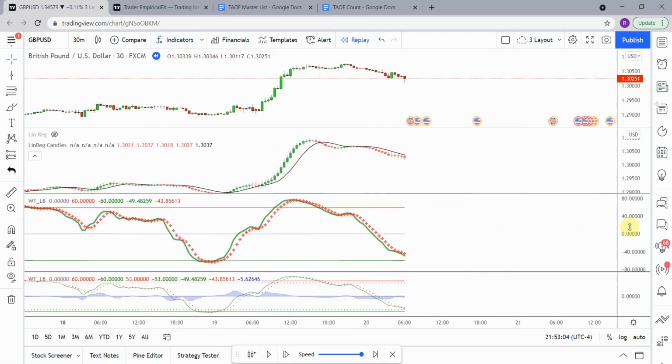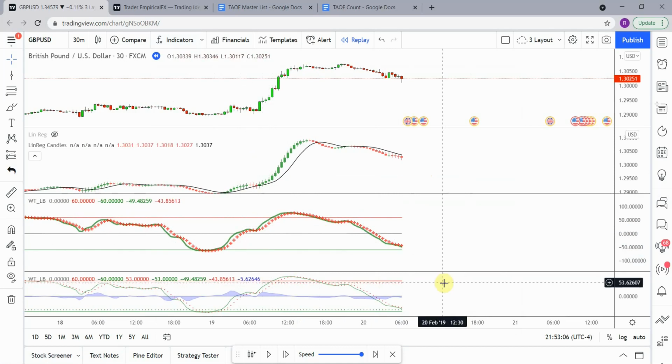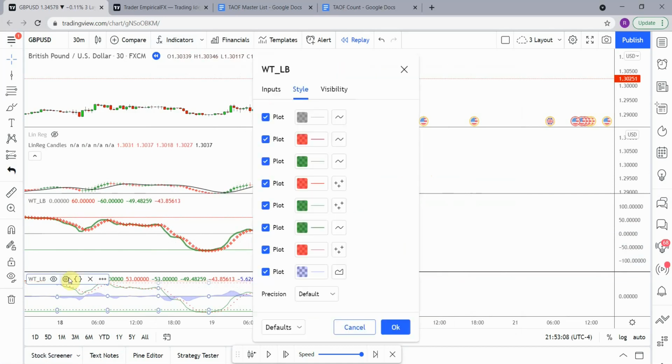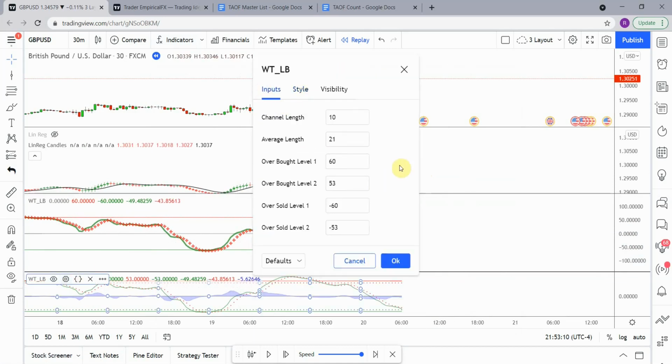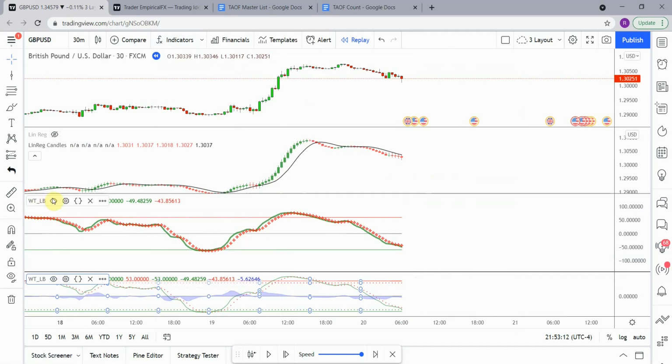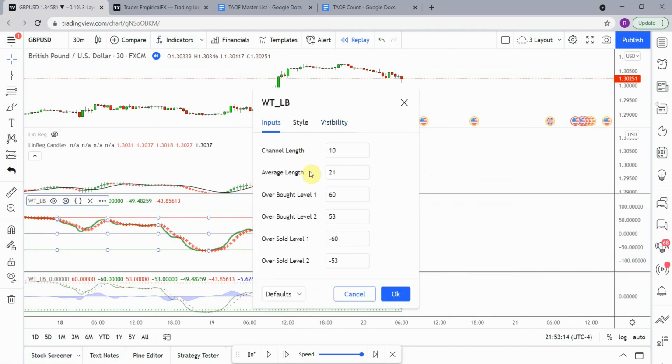Now, it looks a little bit different than the one I have here on screen. So basically what I did was went in. First of all, the inputs on this are going to be as you see here. I don't think I changed any inputs on this one, if I'm not mistaken. Those are the inputs there.